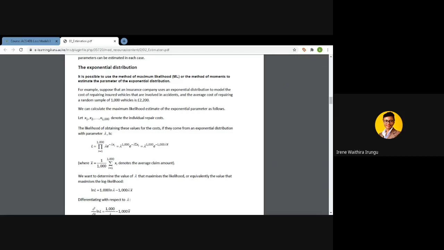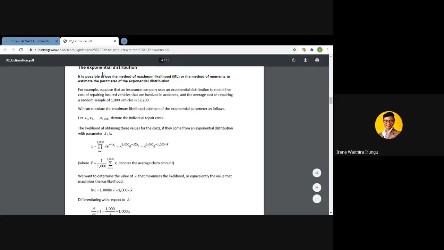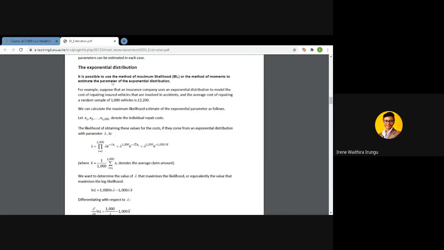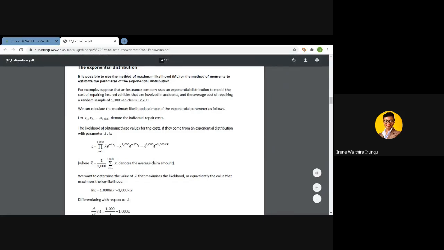From our severity distributions, which we have previously described, we already know that an exponential distribution is a continuous distribution, and therefore we will need to determine the corresponding probability density function, the PDF, of the exponential distribution. If you use your tables, you should find that the PDF is given by lambda e raised to negative lambda x.